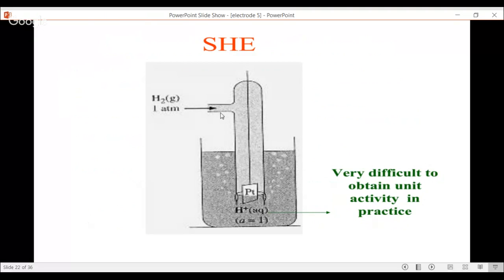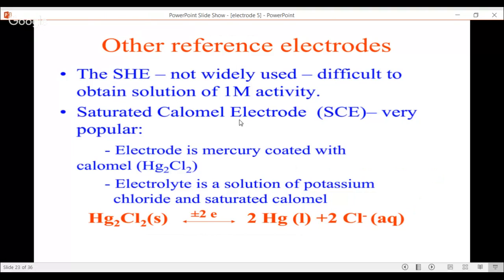So the hydrogen source has to be at atmospheric pressure. This is why the standard hydrogen electrode is not widely used; it is difficult to obtain a solution of 1 molar. Actually 1 molar is not correct, the activity is 1. The saturated calomel electrode is very popular as a reference electrode. It is a mercury electrode coated with calomel.